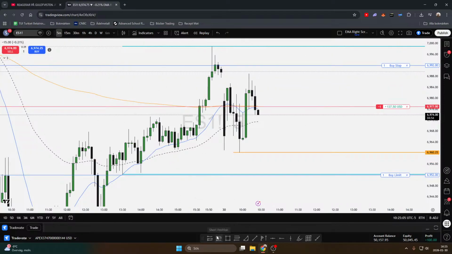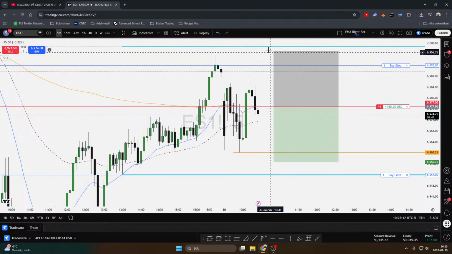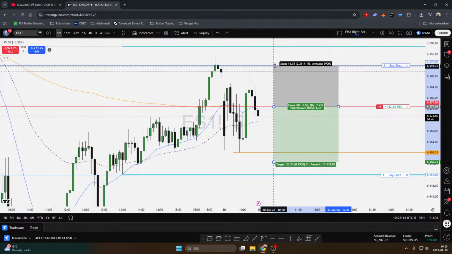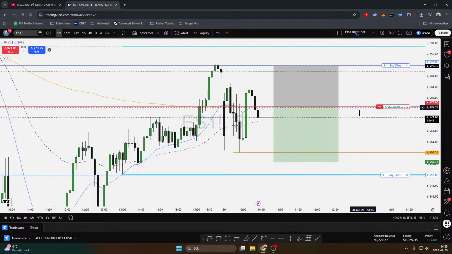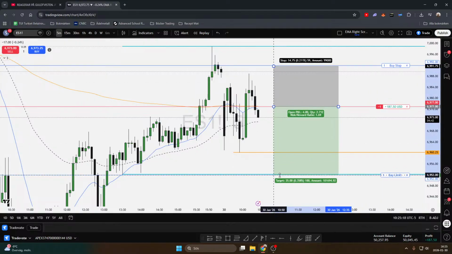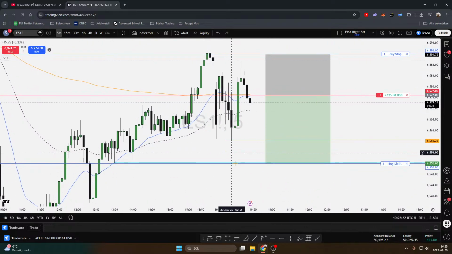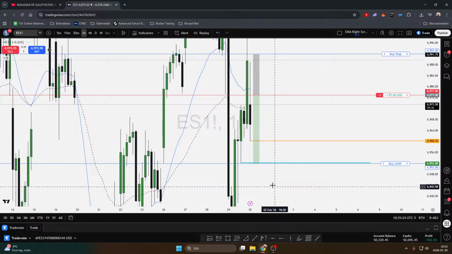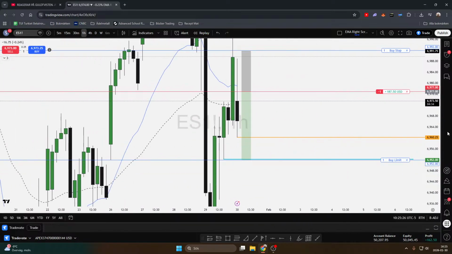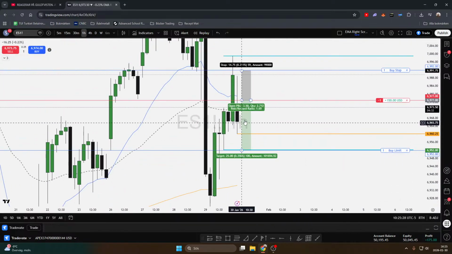So the current setup is happening here. Stop loss should be at the previous high. Target maybe there. Let's go for the 1 hour, 4 hour low here. Could go for the 1 hour once it happens, but not yet.